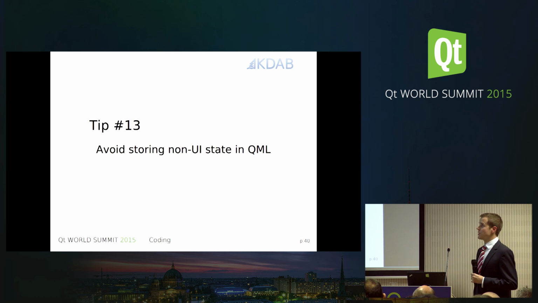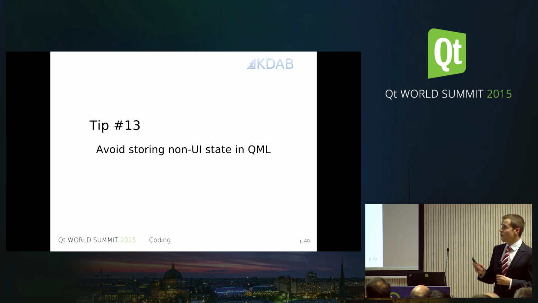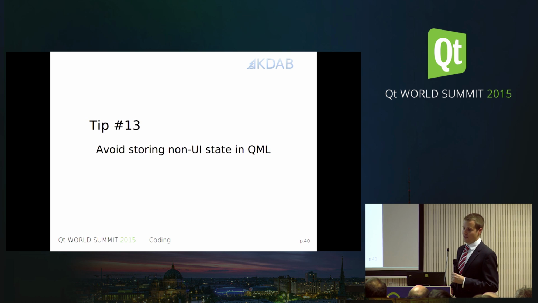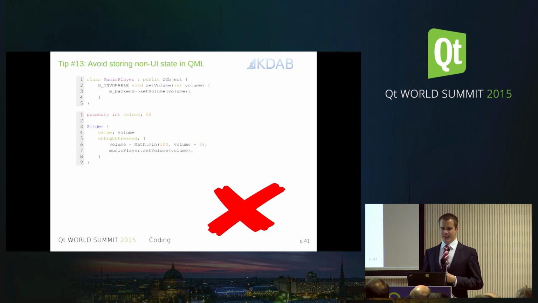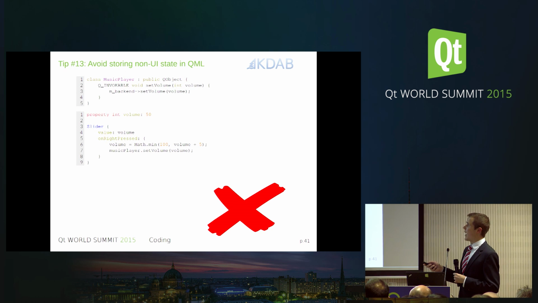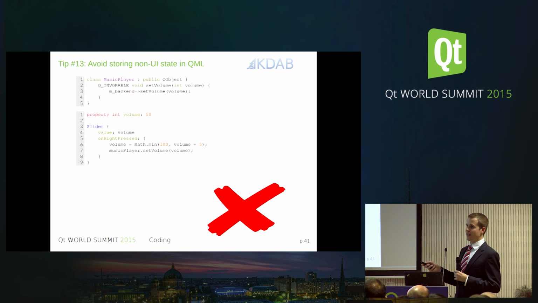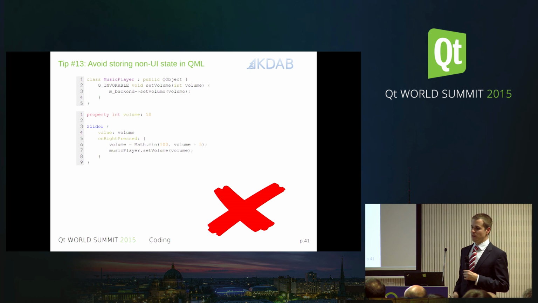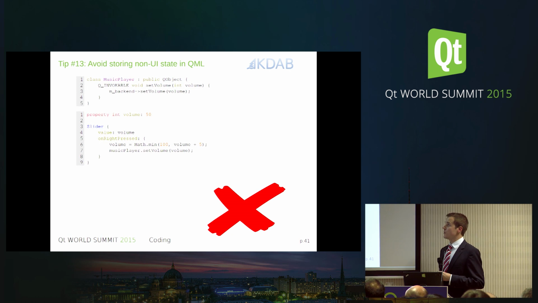Okay, this is an interesting topic. That's also something that might be controversial. Avoid storing non-UI state in QML. With state, I mean anything like this, having lots of properties, for example, that save some state. In this case, the state is the volume, which we remember in QML here. So we have a music player.